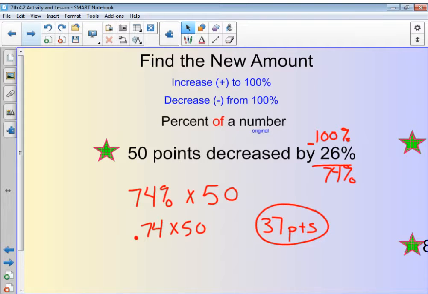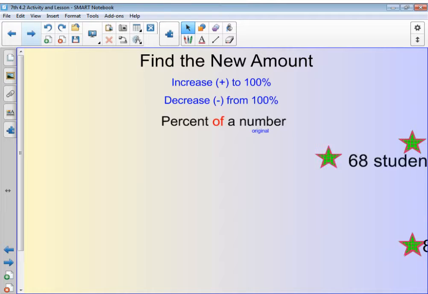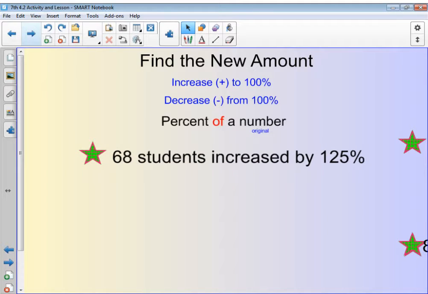Okay, let's try a couple more of those. So this time, 68 students is increased by 125%. So we see a percentage that's already greater than 100, but remember, it's increasing by that much. So we're going to still add 100.